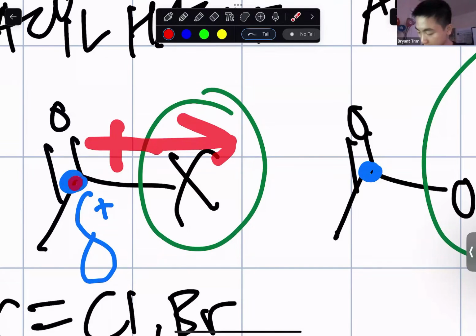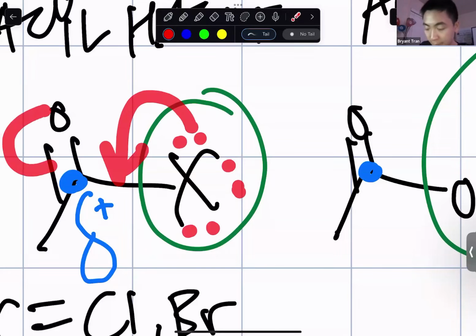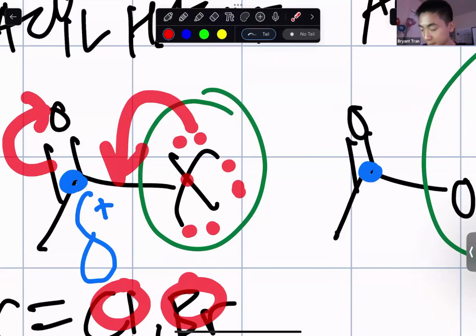So that's why this carbon is positively charged, because it's losing electrons. The other reason is, if you look at this halogen, it has 3 pairs of electrons. It doesn't really want to give it away and do resonance with the carbonyl. It can, but it doesn't really want to, because it's really electronegative, and chlorine and bromine are relatively big atoms.